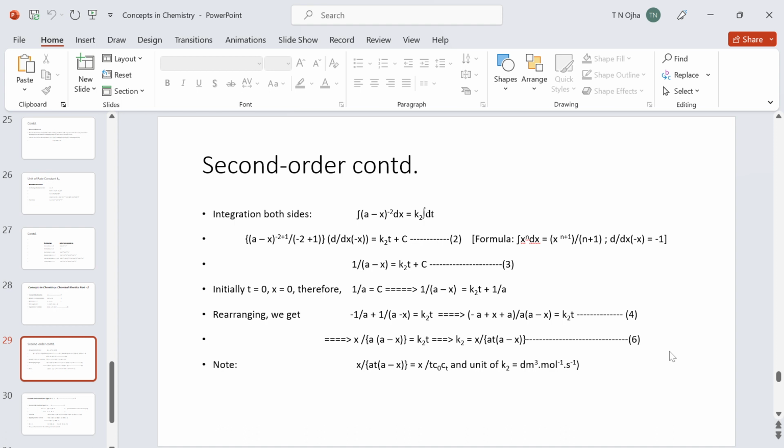Integrating both sides, integration has been done and the rules are also given here, how the integration has been done. So we get 1 over (a minus x) equal to K2 t plus C. C has to be evaluated using the boundary conditions. We evaluate C, put the value of C in the equation, rearrange the equation, and finally we determine the rate constant equation.